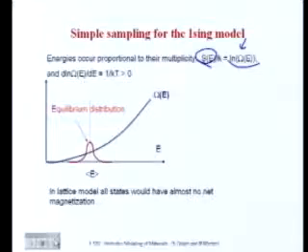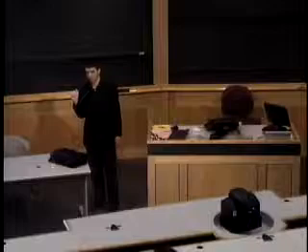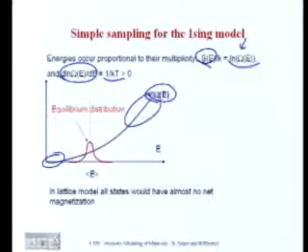So you're always going to pick states with high energy, because we know that d log omega dE is 1 over kT, a positive number. That means the number of states with a given energy is an increasing function of energy. So if you simple sample, you're almost never going to pick down here because there are almost no states. You're always going to pick up here because there are a lot of states there.